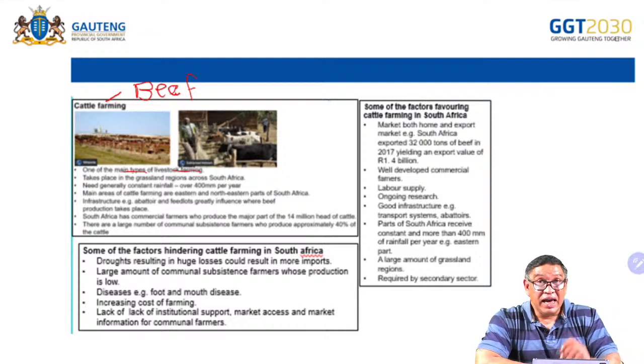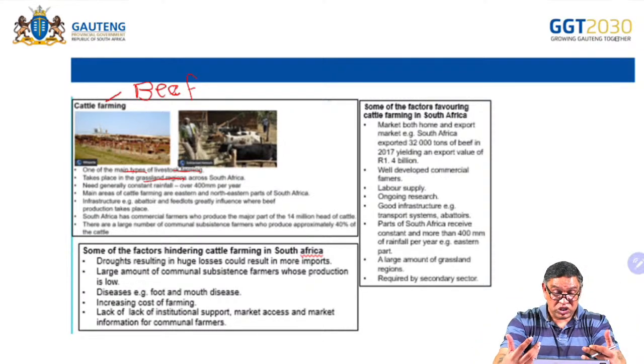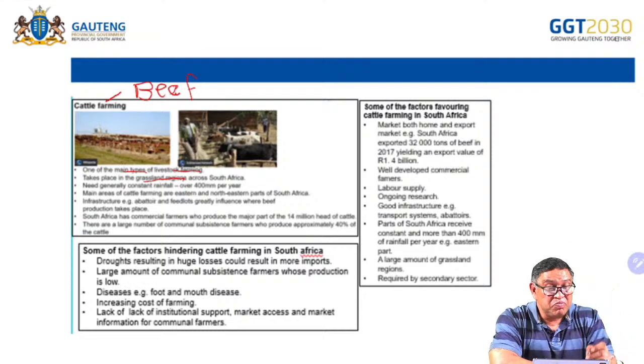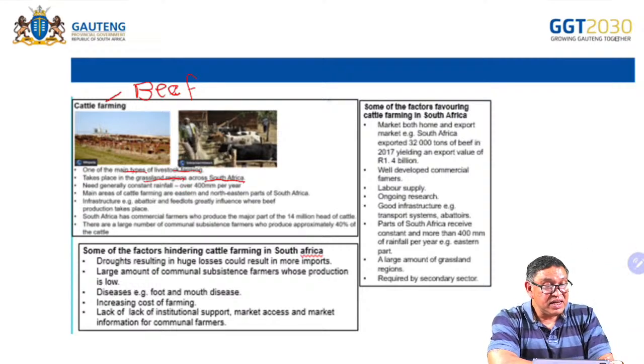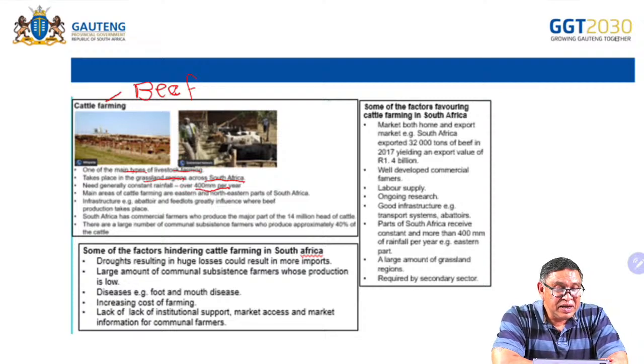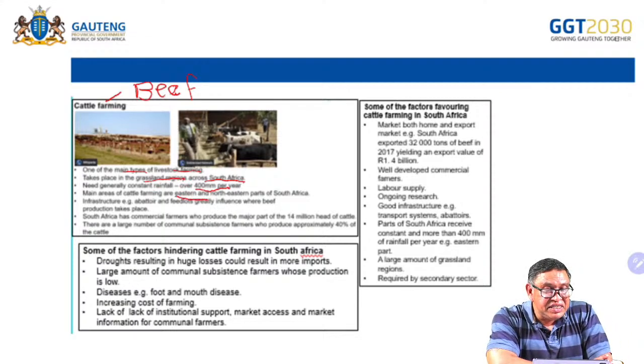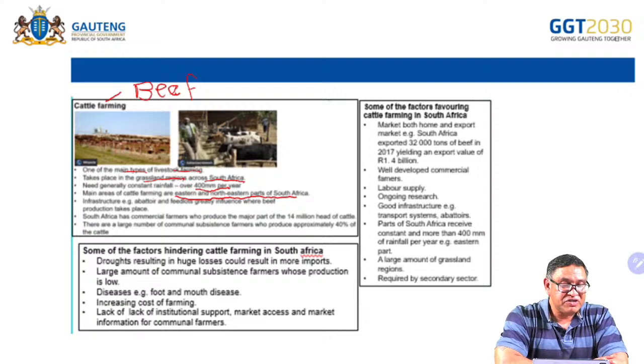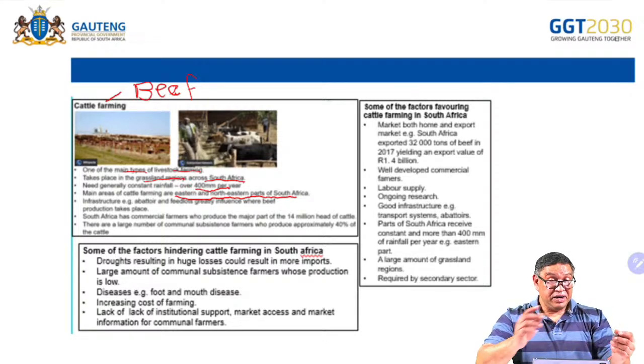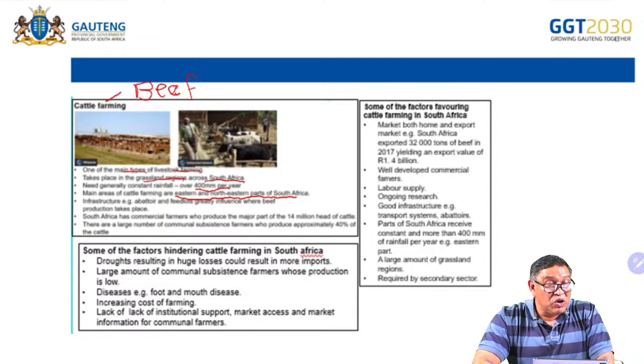It takes place in the grassland regions, therefore it's more in the northerly parts. It needs constant rainfall of 400 millimeters. The main areas are the eastern and northeastern parts of South Africa. Another good thing is that there are good infrastructure facilities, abattoirs, feedlots, where beef production takes place.